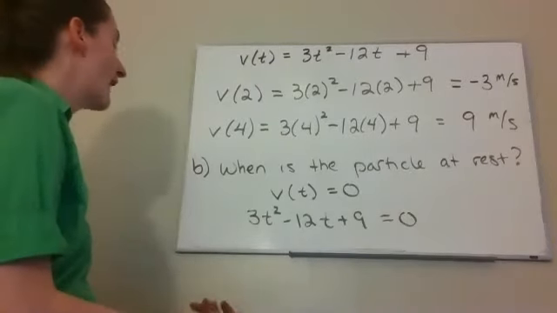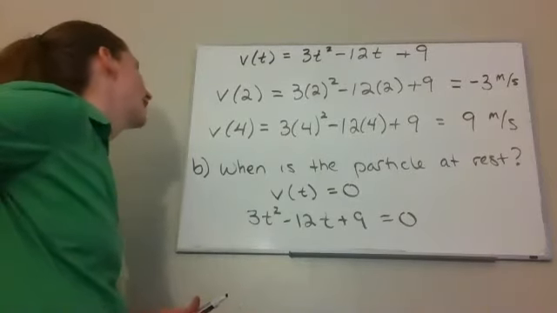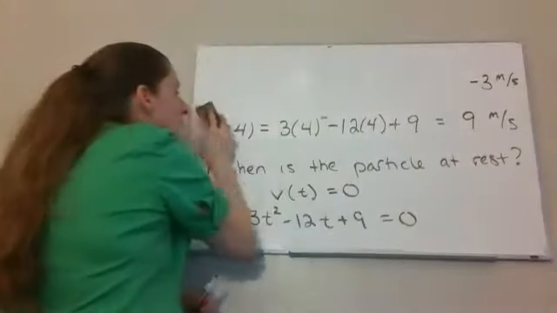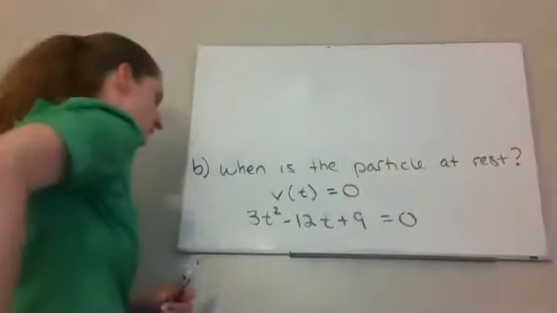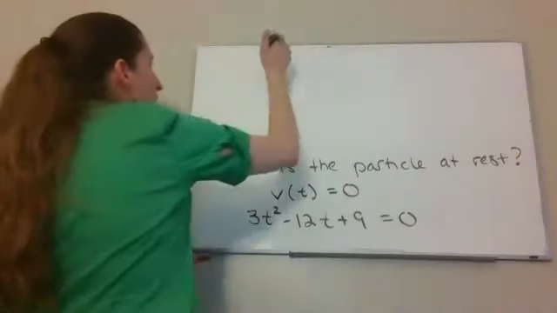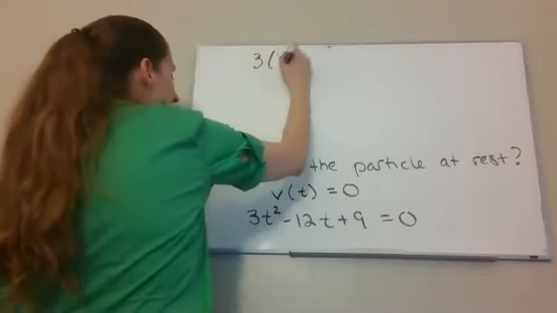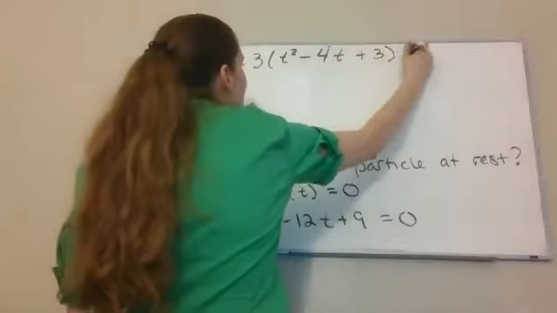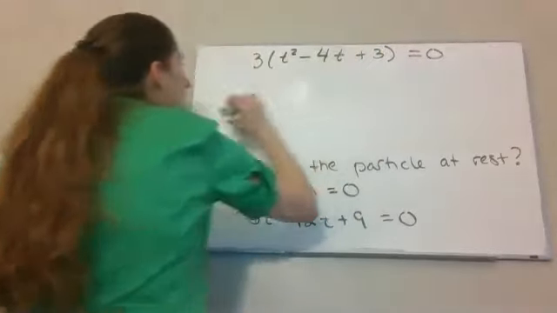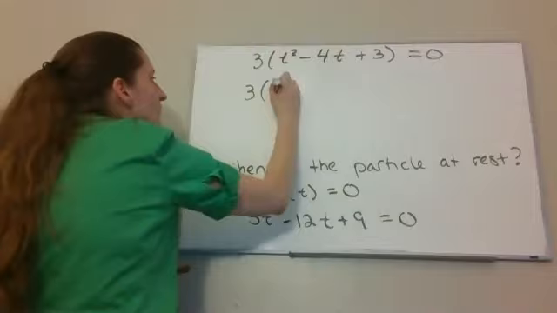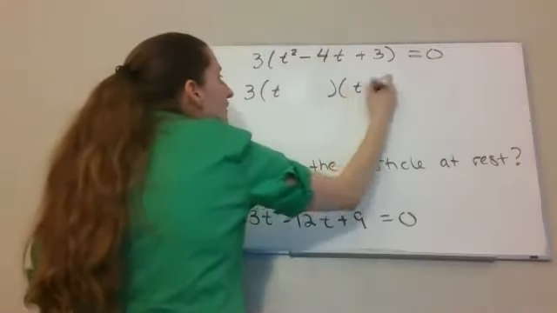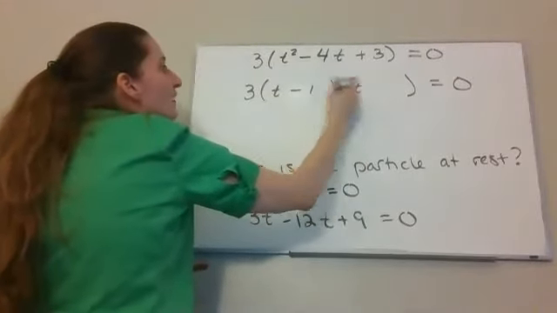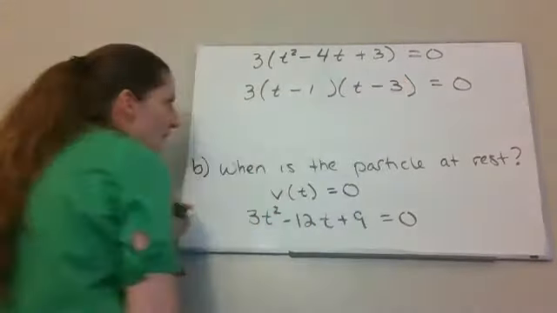I would solve this by factoring. First thing I would do is factor out a 3. So I'm going to pull out a 3, which leaves t squared minus 4t plus 3. This still equals 0. And now I would keep factoring. I'm going to get a t minus 1 and a t minus 3.